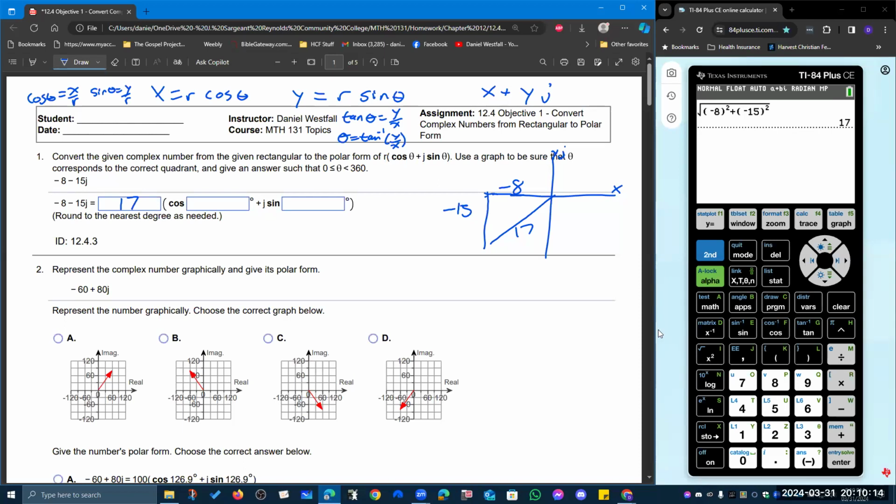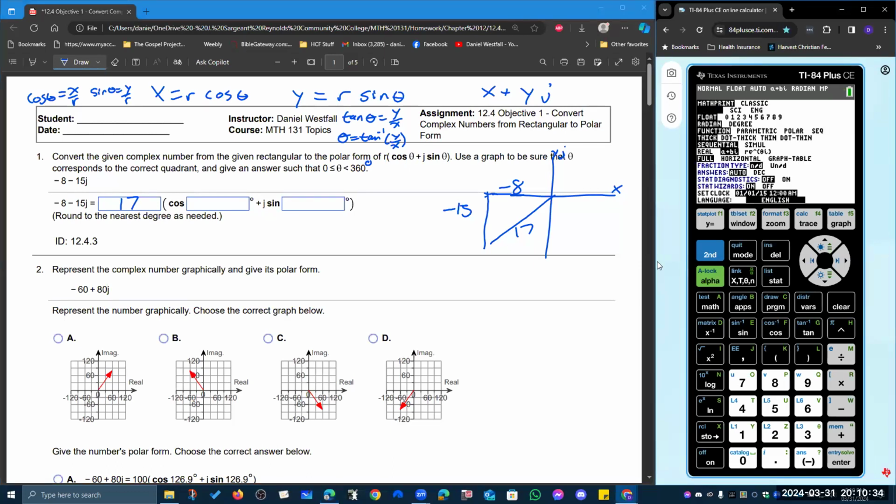This is if we're in quadrant 1, or in quadrant 4, that would also work. So that's a negative angle. We want to get our answer between 0 and 360 degrees here. So let's get out of radian mode and into degree mode.